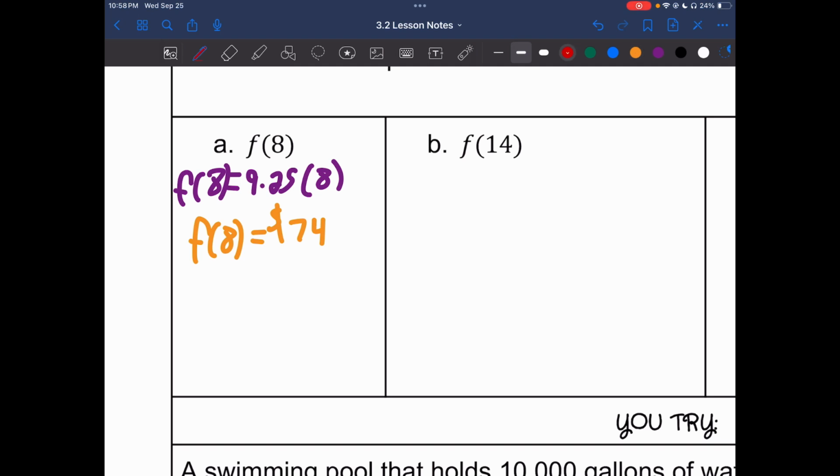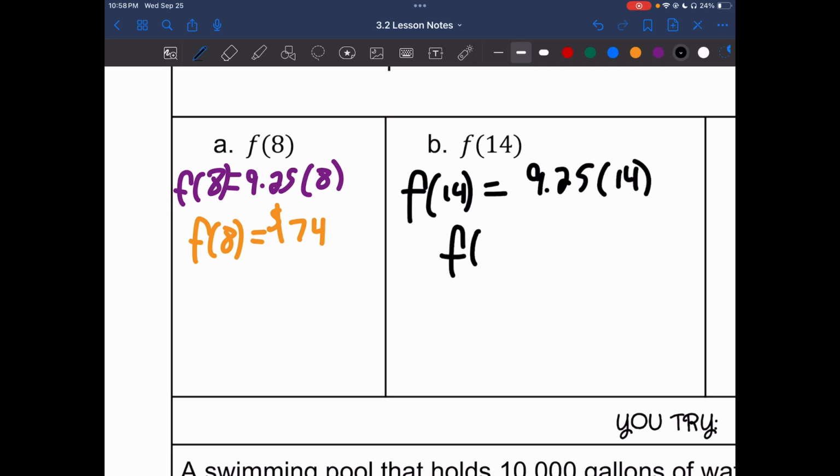Now, f of 14, we are going to do the same thing. F of 14 is equal to 9.25 times 14. And when we find that, f of 14 is going to be equal to $129.50.